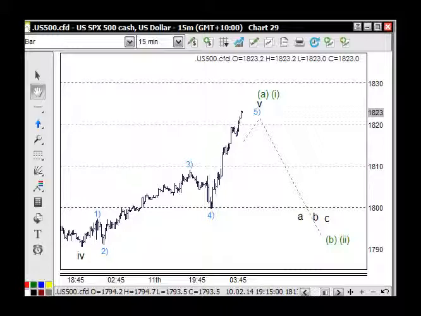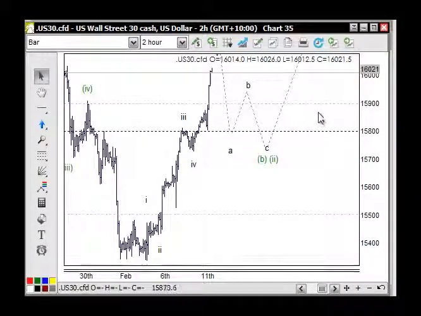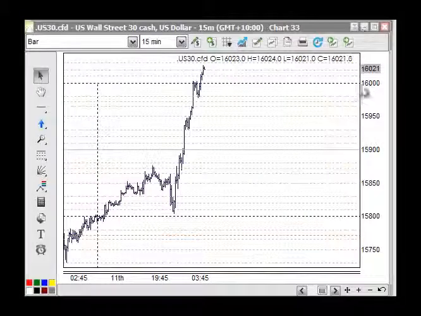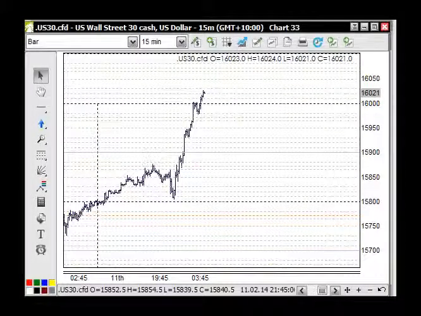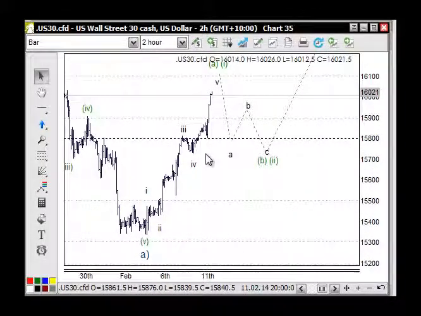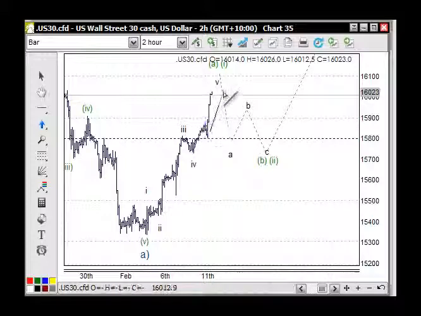This is the same for the Dow Jones as well. At 16,000 here, same wave structure up through here as well. In this structure here, if I just go back somewhat, it just feels like this is 1, 2, 3, 4, and 5 to complete here.